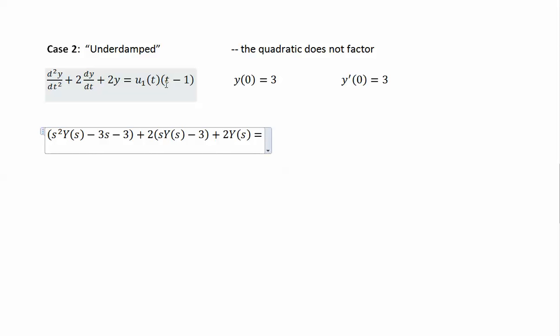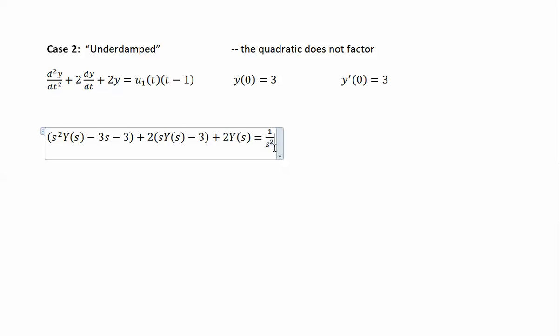On the right-hand side, what we have here is, again, sort of a shifted and turned on version of just the function t. This is the function t, except it's been shifted to the right by 1, and it doesn't turn on until 1. So our shift rule tells us that we just take the Laplace transform of t, which, if that's all it was, would be 1 over s squared.